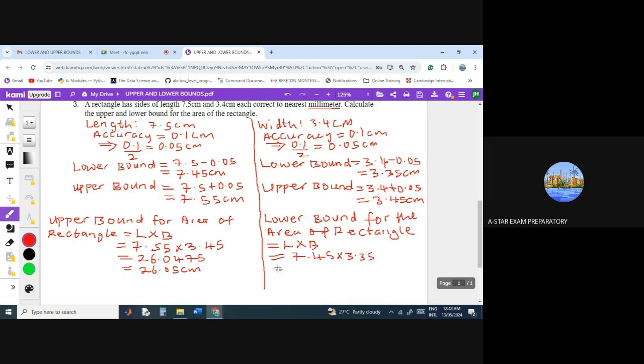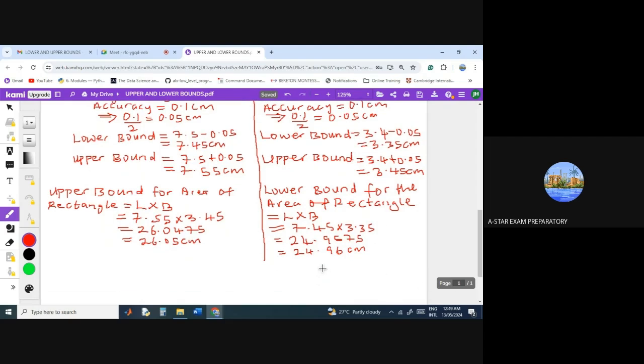Okay, so we multiply that 7.45 times 3.35. Okay, so that gives us 24.9575. Approximately, this will now be 24.96 centimeter. Okay, so this is a lower bound area.